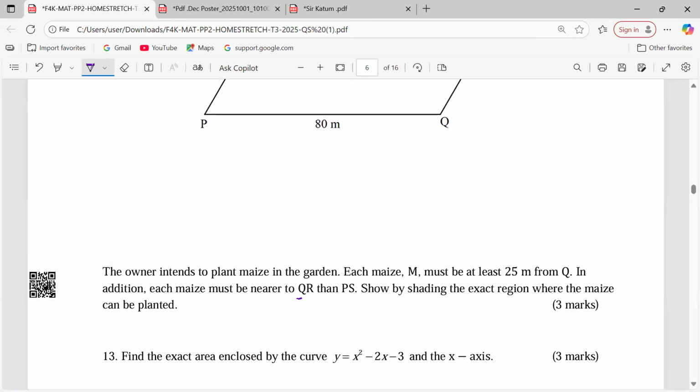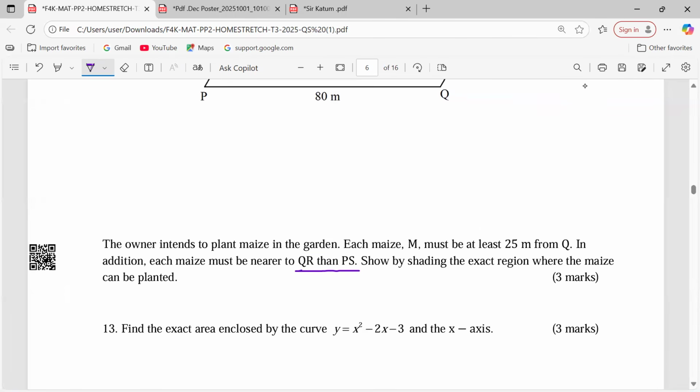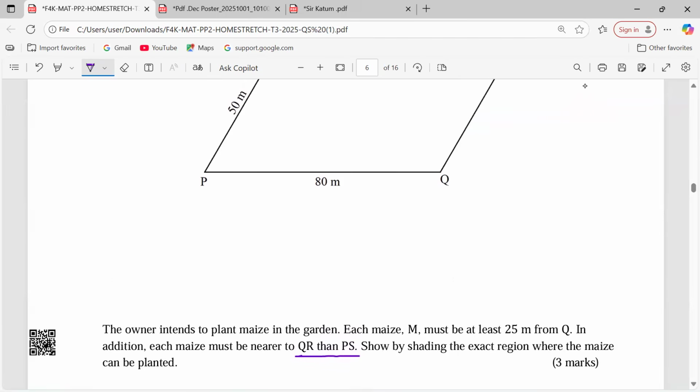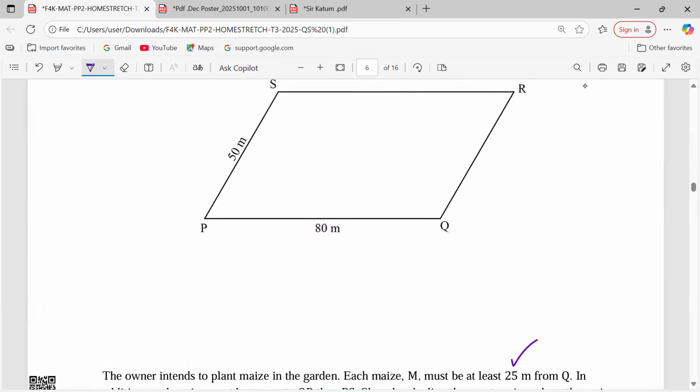QR than PS. This is a Loci now, and we're supposed to interpret instructions carefully. Show by shading the exact region where the maize can be planted. So this maize is going to be at least 25 meters from Q, at least 25. So 25 meters and beyond.